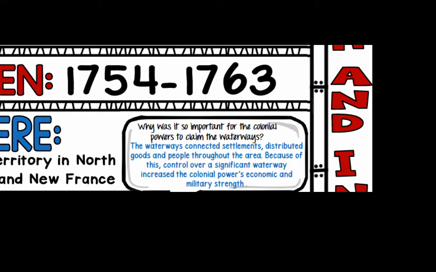So we're going to add into our notes in this thought bubble that the waterways connected settlements, meaning they connected towns and cities, and distributed goods and people throughout the area. Because of this, control over a significant waterway, so the most important places, increases as more people start to migrate to North America.